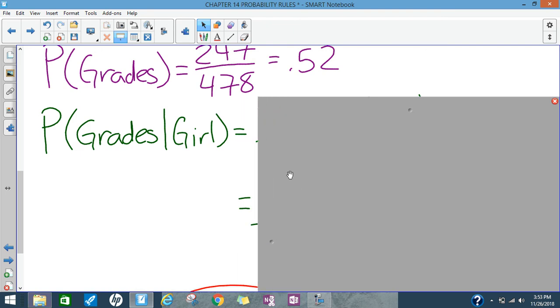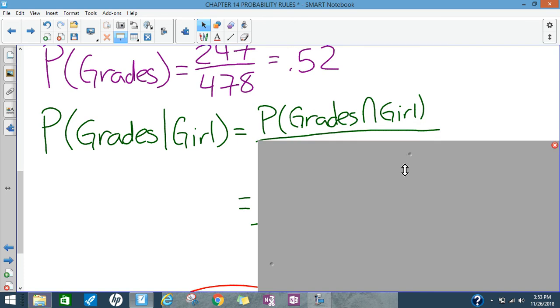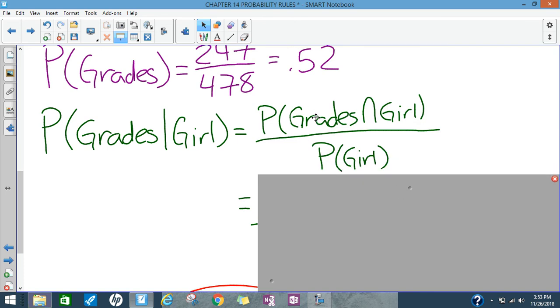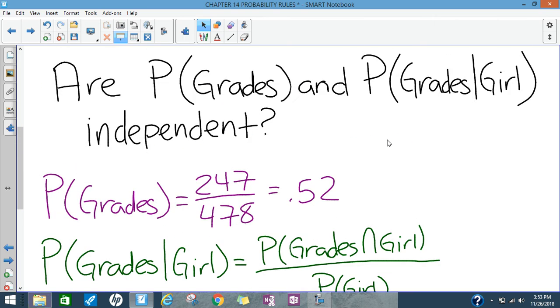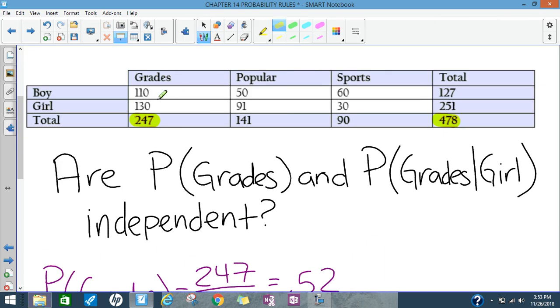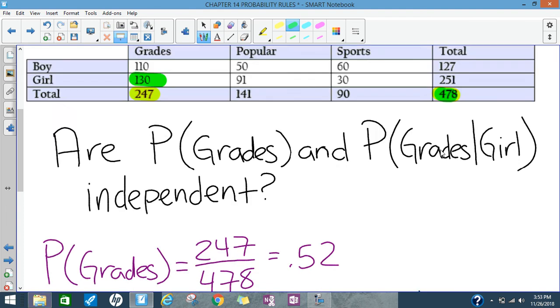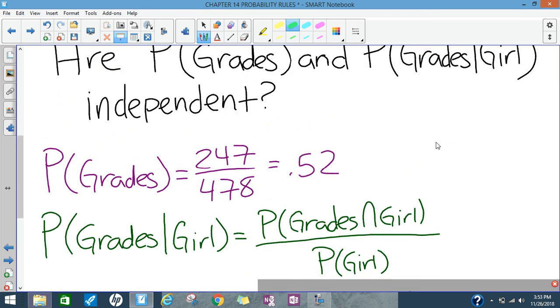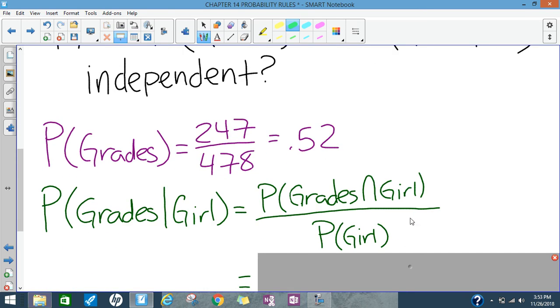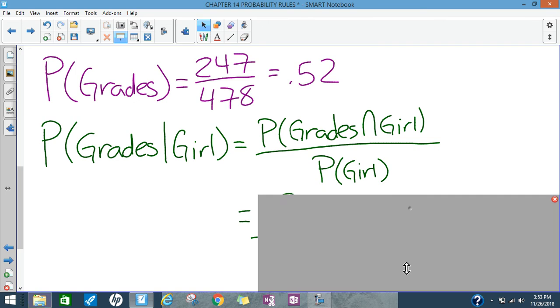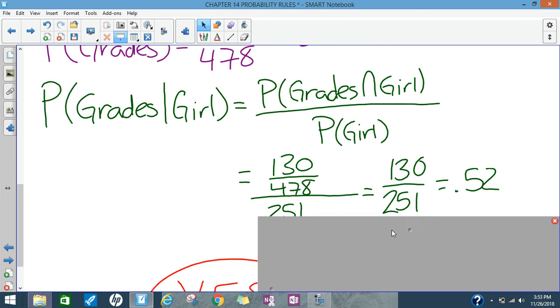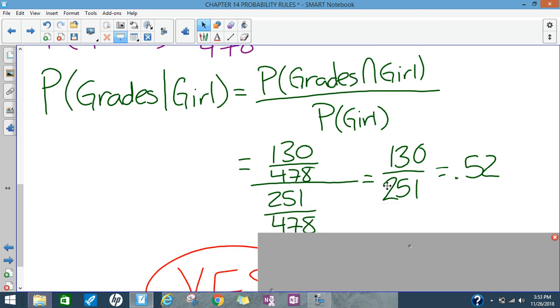The probability of wanting to get good grades given that you're a girl: we need to find the probability that getting good grades was what you wanted and you're a girl. That would be 130 over 478. Then we want the probability of being a girl, which is 251 over 478.